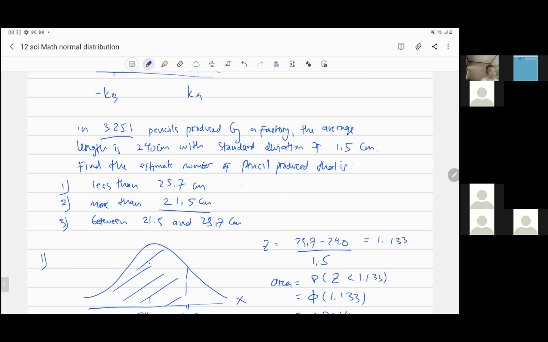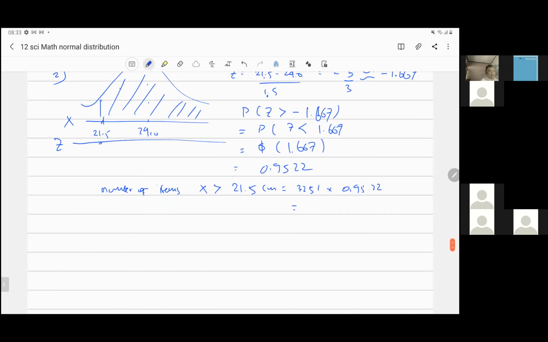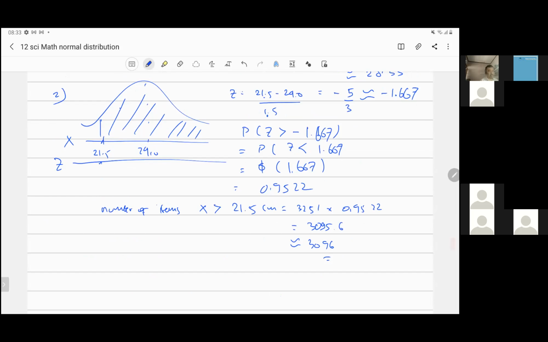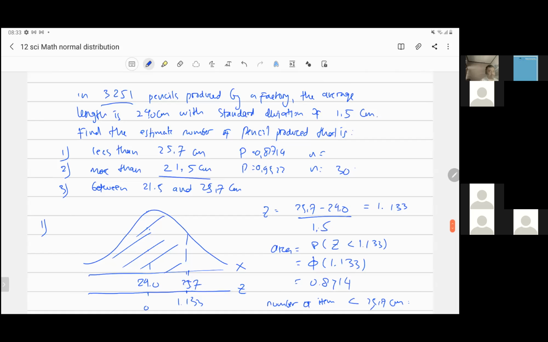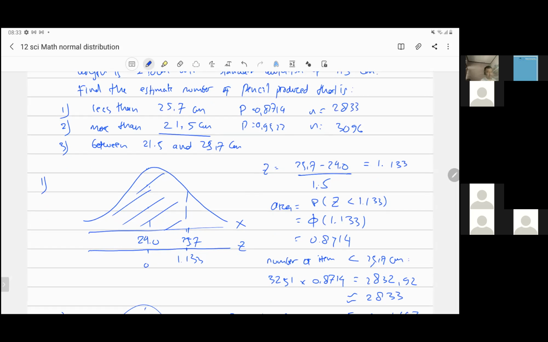So here, we know that the proportion is 0.9522, and the answer is 3095.6. Okay, we're going to have 3096 then. So here 3096, and the earlier one is 2833.